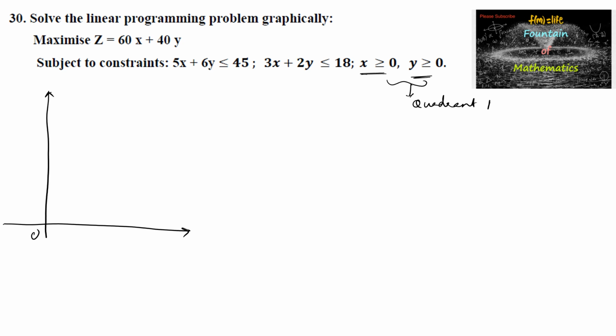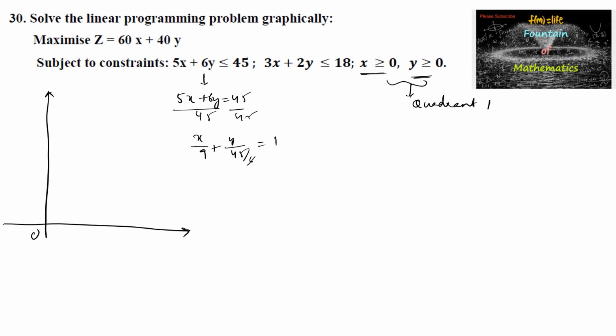First quadrant we shall consider, and 5x plus 6y, the straight line equation, less than or equal to 45. So let us consider the equation first. So dividing with 45, we can write x upon 9 plus y upon 45 divided by 6 is equal to 1.